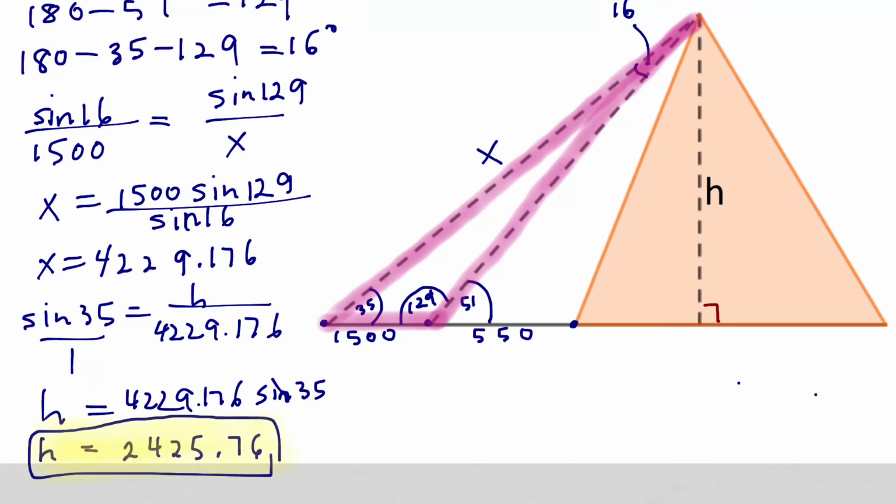Typing that in, I get that h is 2425.76. That's this dimension here. I used the law of sines on this triangle to find x, and then I used right triangle trig on this right triangle to find h.